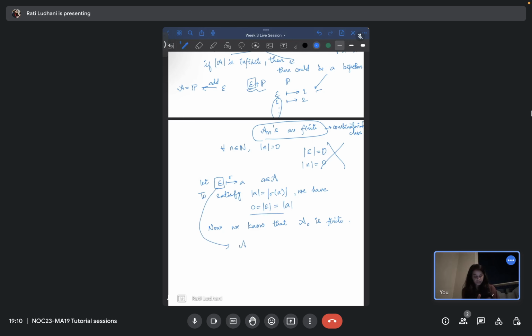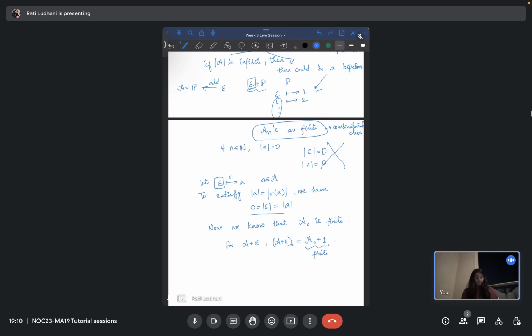So for A plus epsilon, the count at size 0 will be A0 plus 1, because there is one more element which is mapping to 0. That is clear. And this is finite.